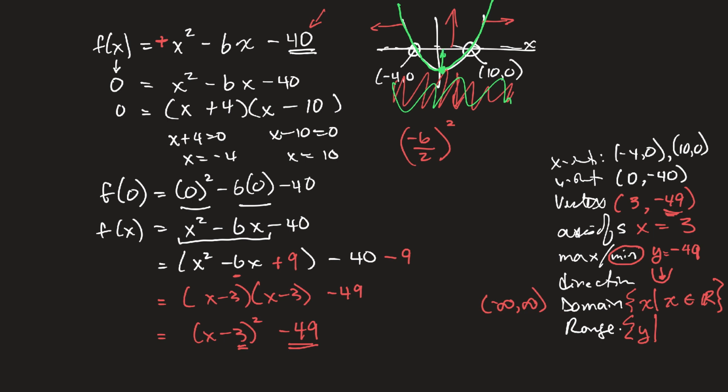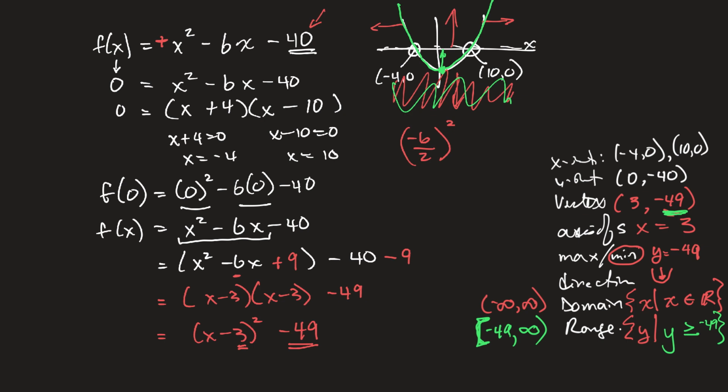So my vertex is at negative 49. So my range is all the y's as long as y is greater than or equal to negative 49. Okay, another way of doing that in interval notation is you'd say your smallest number, which can be included, is negative 49, and your highest number is positive infinity.